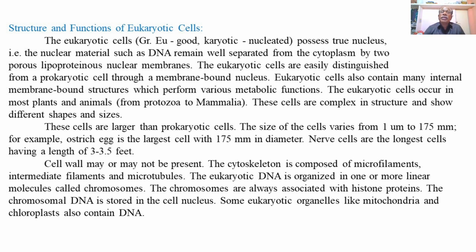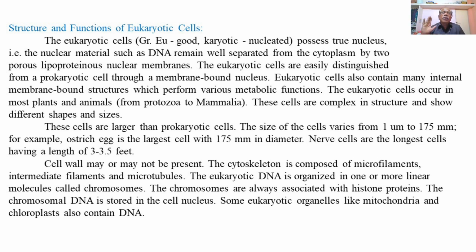These cells are complex in structure. Eukaryotic cells occurring in plants and animals have a complex structure and show different shapes and sizes.